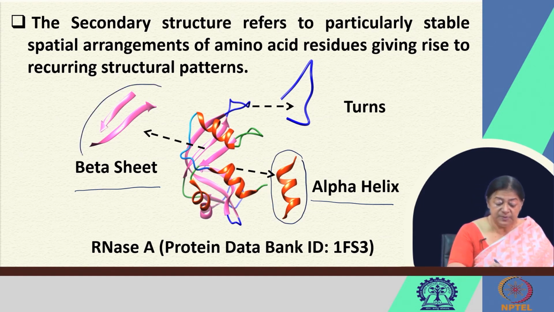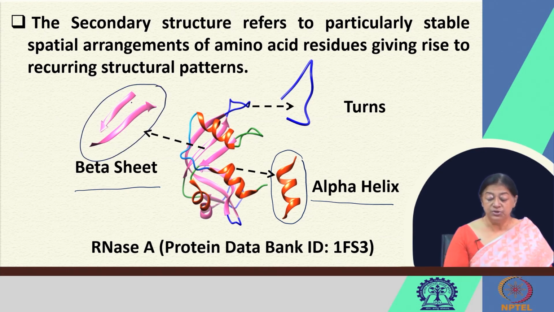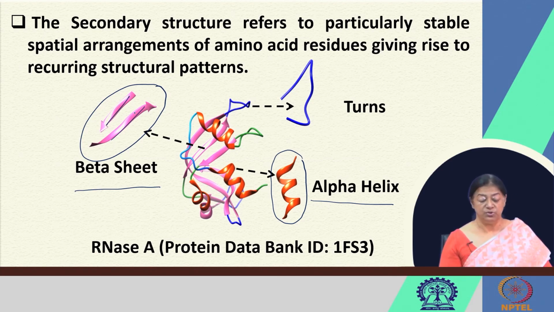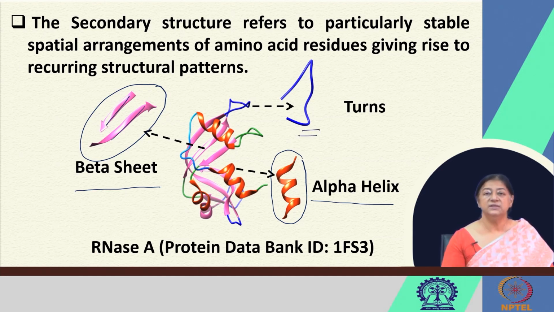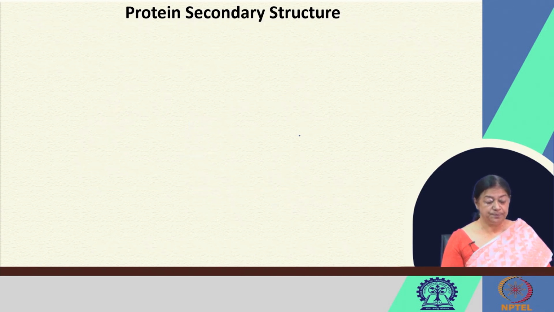This is another specific form that is present in the protein known as the beta sheet, that is formed from separate strands, and these give rise to recurring structural patterns that are observed in proteins. We will look at these in a bit more detail, and another factor is the turns that are linkers to these secondary structure elements, as they are called.